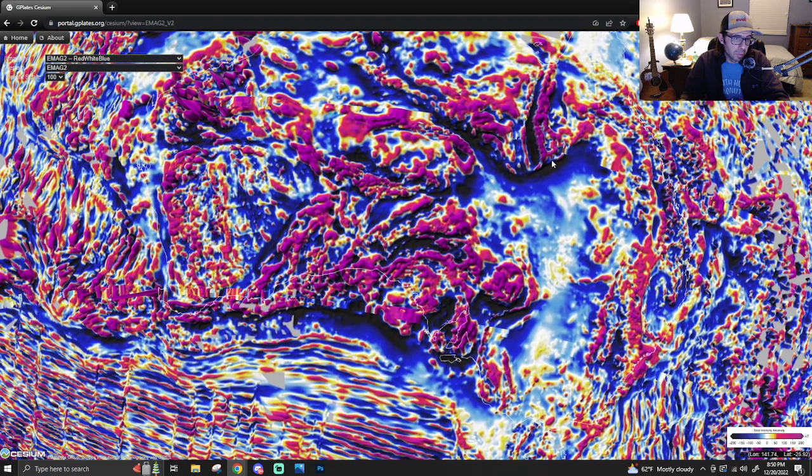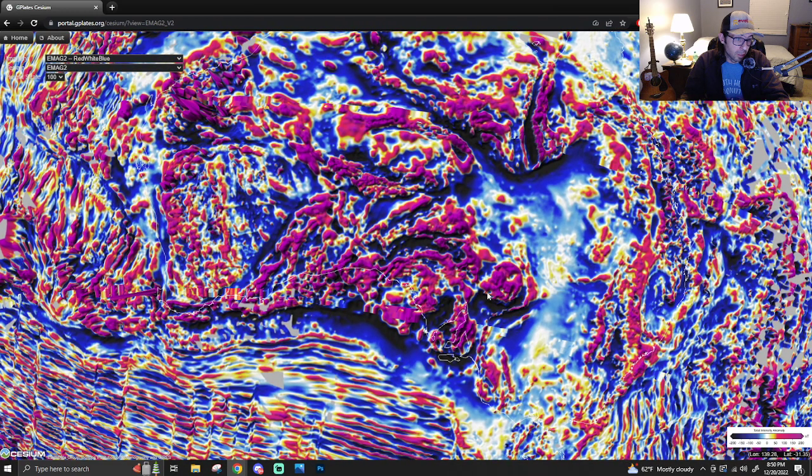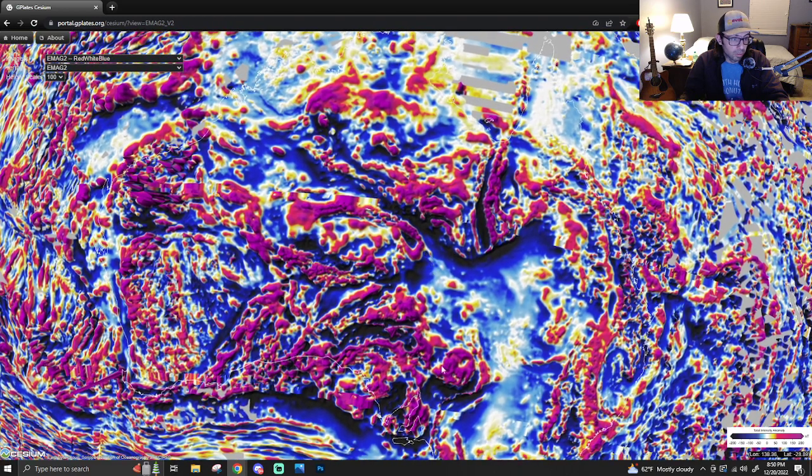Especially maybe once this happens at some point, it blocks off the current from being able to get in here as easily, although it probably was necessary to block off this region.